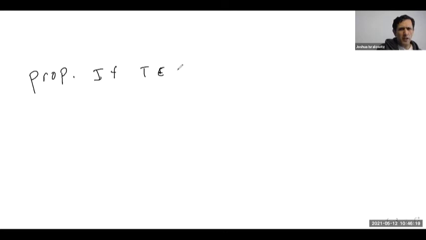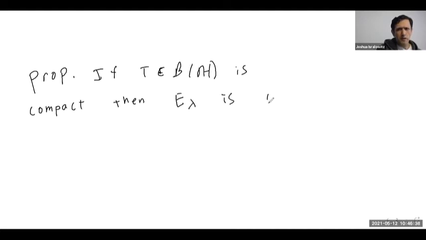If H is a Hilbert space and T is bounded, compact, then this is finite dimensional for any eigenvalue lambda of T. Right?